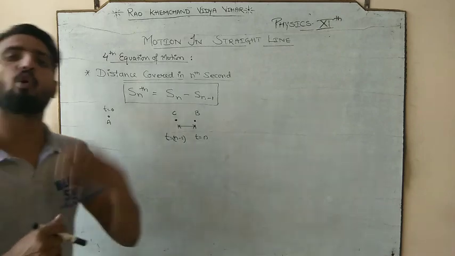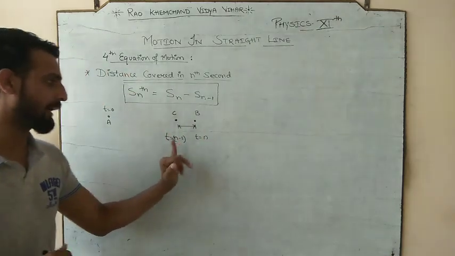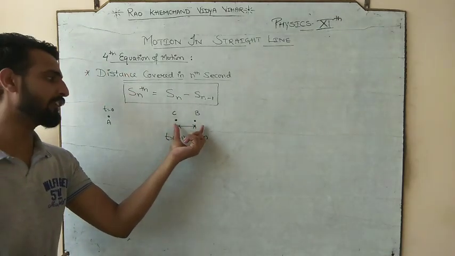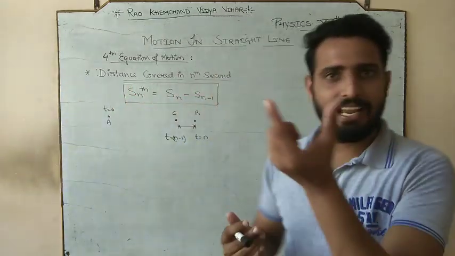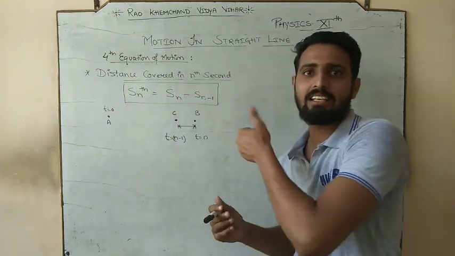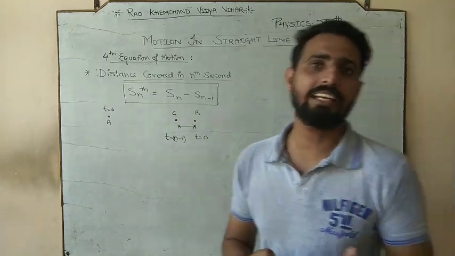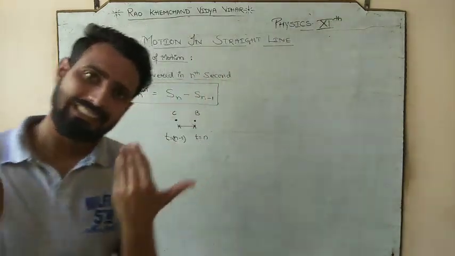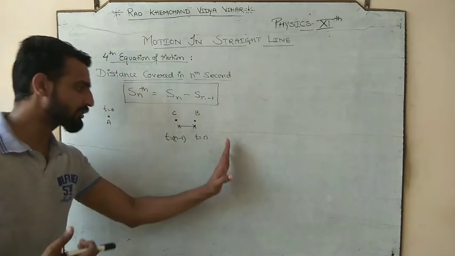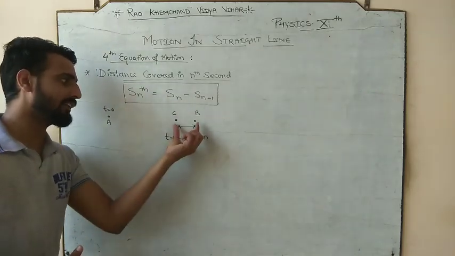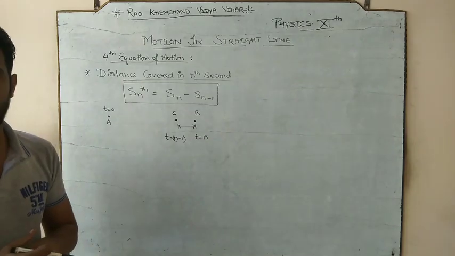Distance covered in fourth second, S4 minus S3. So the distance between 4 and 3. Distance covered in 8th second: the gap between S7 and S8, meaning time equal to 7 and 8 second. So for the second that is particularly asked, we need the distance between it and the time interval behind it.